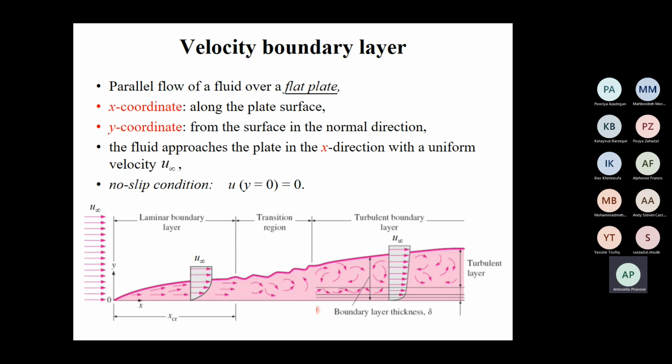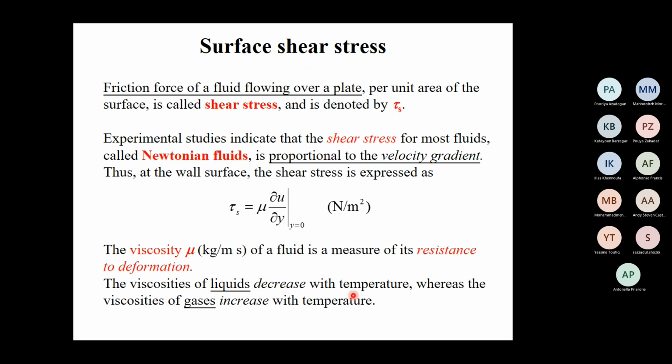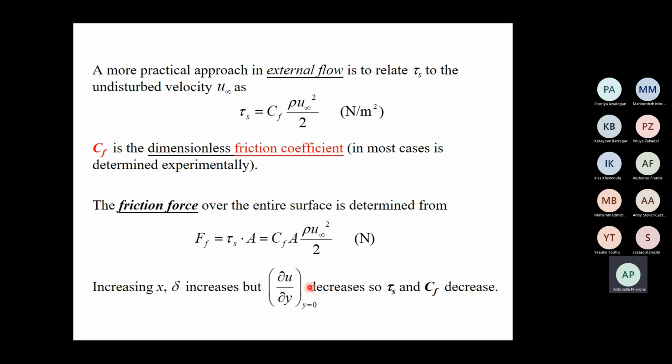Because in the boundary layer, in this pink layer, the velocity has to go from 0 to u infinite. If the thickness of this pink layer increases, it means that I have more space to go from 0 to u infinite. That means that the average gradient, and so also the gradient of the velocity at the wall, decreases. Is this point clear?